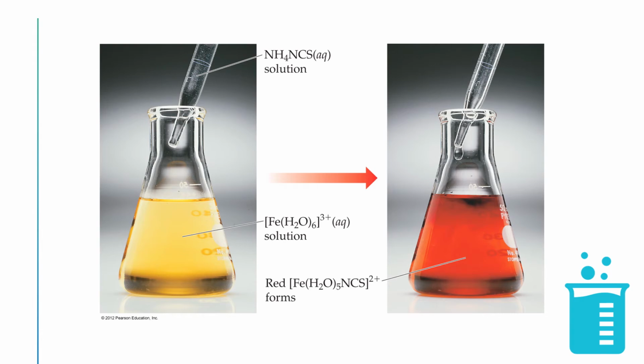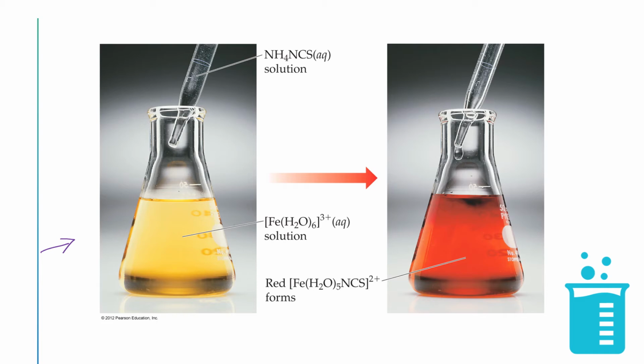Iron +3 is a good example of a substance that will change color depending on the nature of the ligands that are attached to it. So if iron has 6 waters attached to it, it'll have this yellow color that we see on the left-hand side.